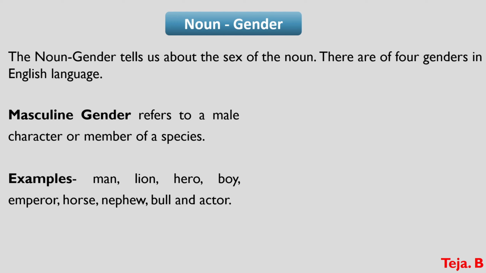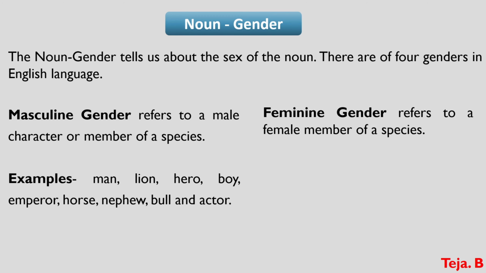The qualities a male living being has come under masculine gender. For example: man, lion, hero, boy, emperor, nephew, bull, actor. These are all masculine gender.